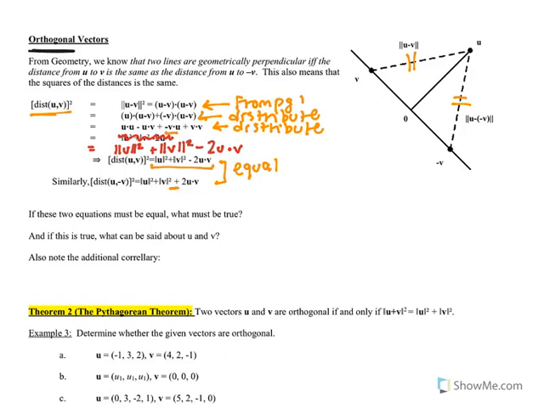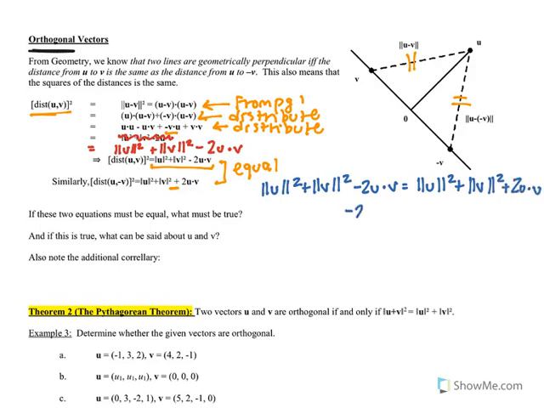So let's compare that. If those two things are supposed to be equal, then magnitude u squared plus magnitude v squared minus 2u dotted with v should be the same as magnitude u squared plus magnitude v squared plus 2u dotted with v.